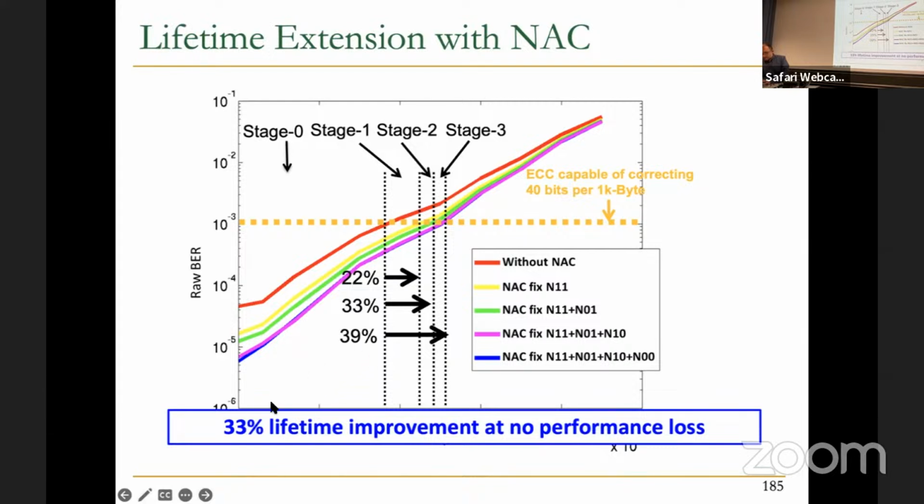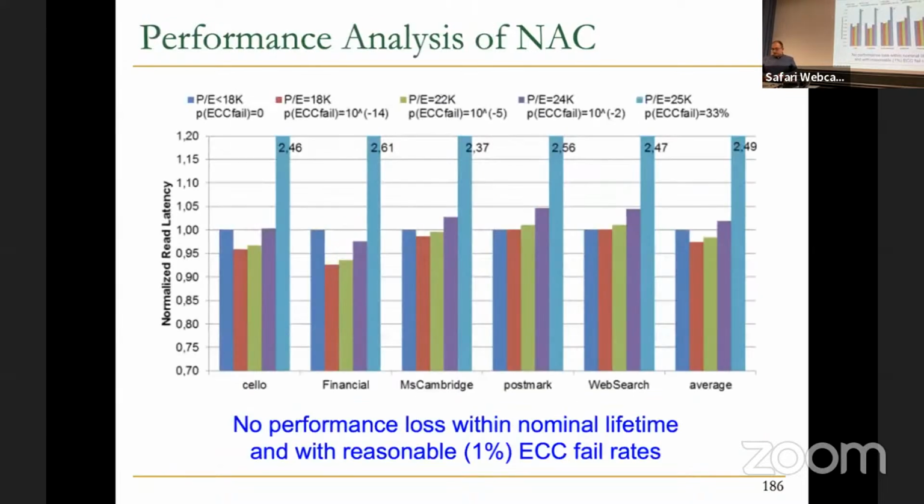Oh yeah, 33% lifetime improvement at no performance loss. But once you want to apply this stage 3, you may have some performance loss. Okay, and here are also the results for performance. The takeaway here is that we don't have performance loss within nominal lifetime and with reasonable ECC fail rates.